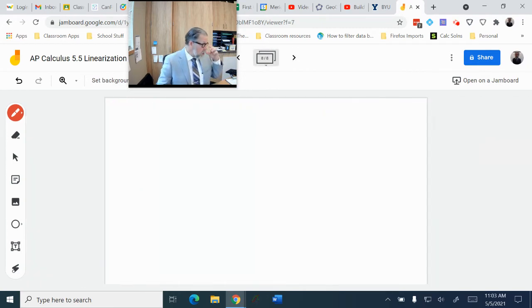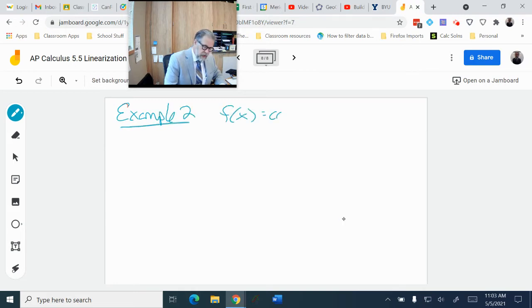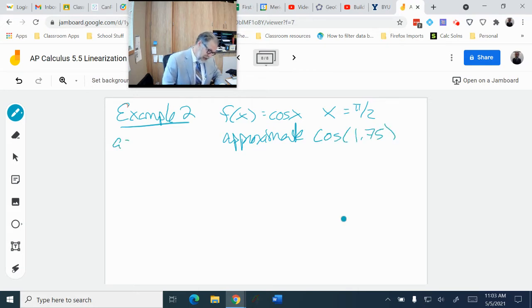All right, so our next example, example 2. I want to linearize the function cosine of x at x equals pi over 2 in order to approximate the cosine of 1.75. So what do I need? Well, I've got a equals pi over 2. f of pi over 2 gives me cosine of pi over 2, which is 0.